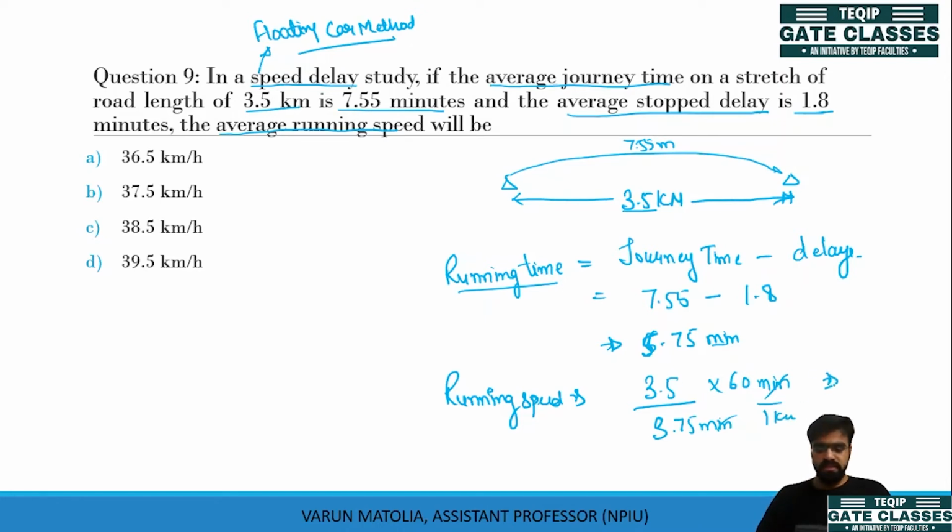So the speed is 36.52 kilometers per hour. The nearest answer is A. This is a very easy question. If you find this question in 1 mark, you will easily score 1 mark out of this calculation.